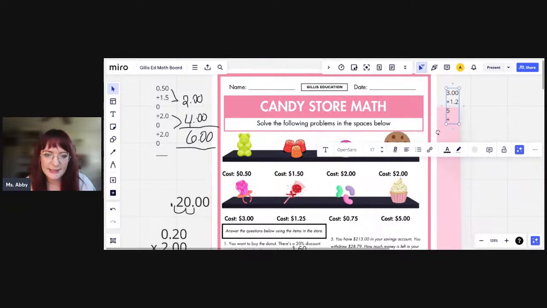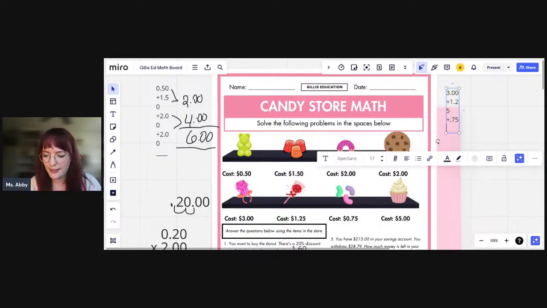And then plus 75 cents, which is 0.75, because again, anytime we're talking about money, we're talking about parts of a whole, the whole being $1. And then we have $5.